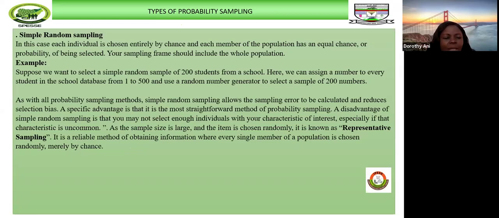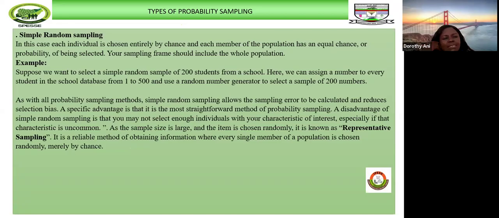Like I said, it can be any person. It has equal chance or probability of being selected. Your sampling frame should include the whole population. You don't exclude any part of the population. So everybody in that population has an equal chance of being selected.